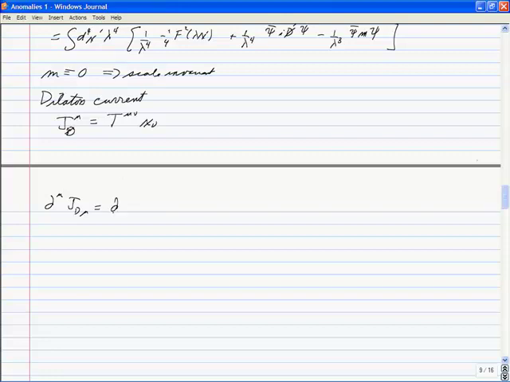The first term is d mu T mu nu x nu. The second term is T mu nu d mu x nu. This is just g mu nu. The first term is of course 0 by energy momentum conservation. The second term is not. This is the trace of the energy momentum tensor.